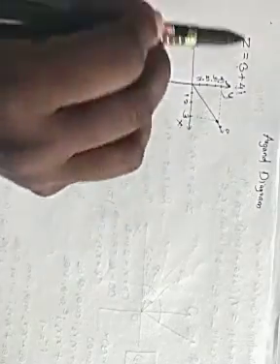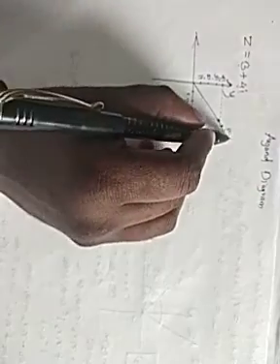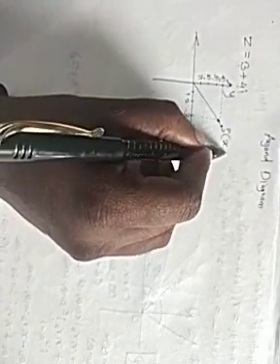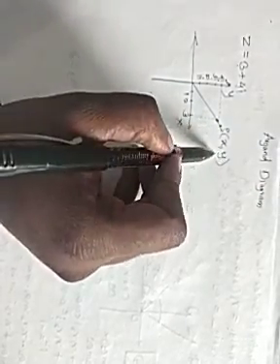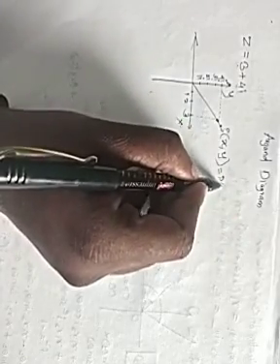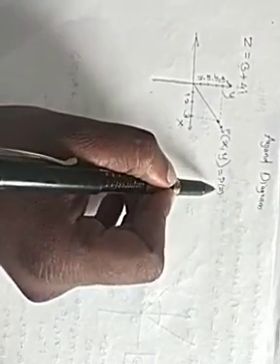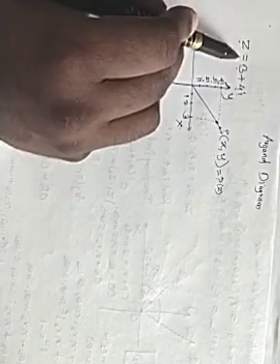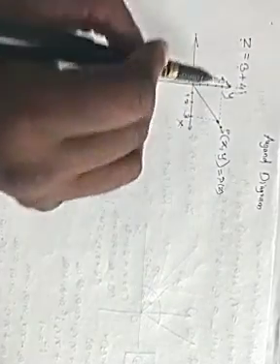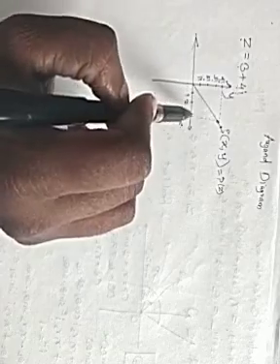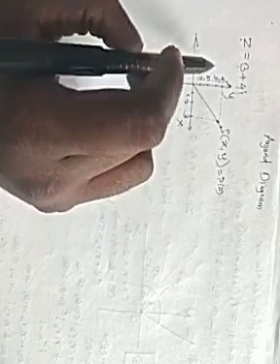The Cartesian system, which is formed by the real axis and the imaginary axis, and the point P, which is represented by this kind of coordinates, means that P can be explained as P(x, y), or this is also P of z. So this is a complex number and z is equal to 3 plus 4i. This is a complex number which is represented by the Argand diagram.